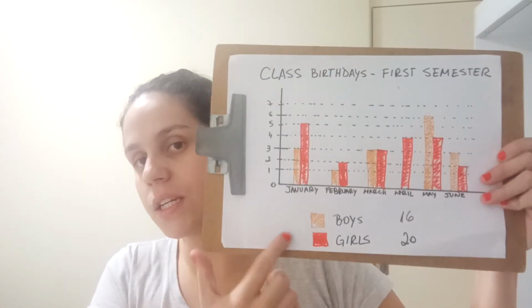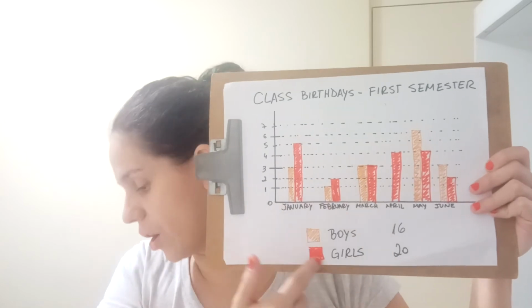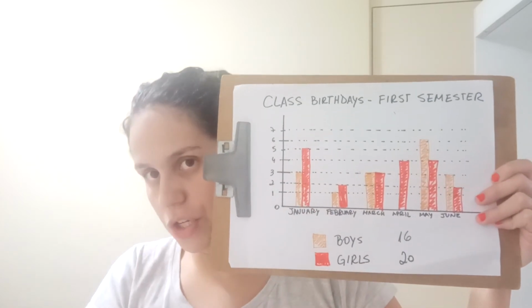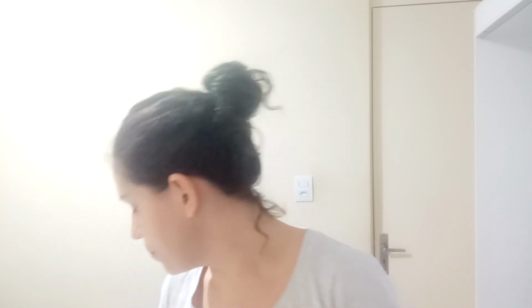Number 6, you draw the color for boys and girls. Okay? So the answer is 2, 6, 4, 5, 3. Look here. I will write for you. 2, 6, 4, 5, and 3. Okay, there you go.